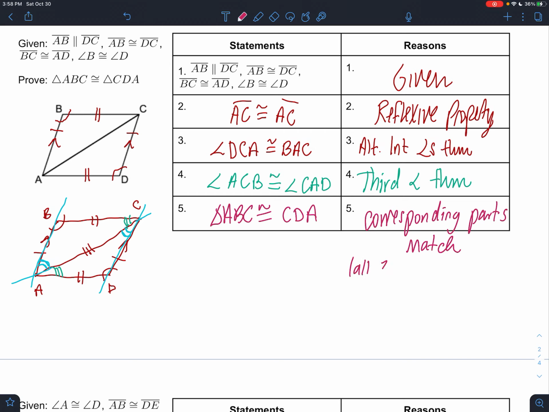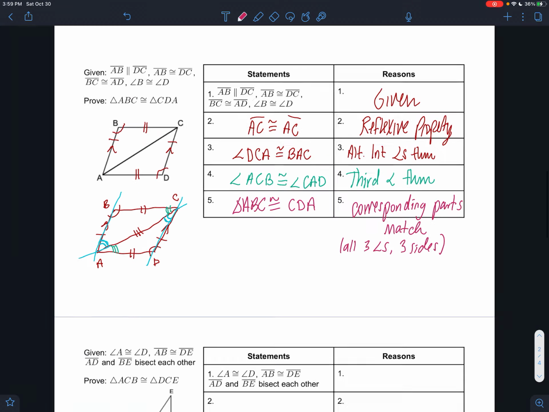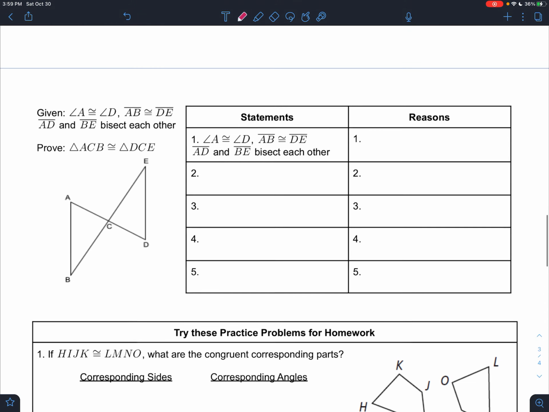Okay, so all 3 angles and all 3 sides. All right, that's that. So pay more attention here. I'm more concerned about getting that picture down.